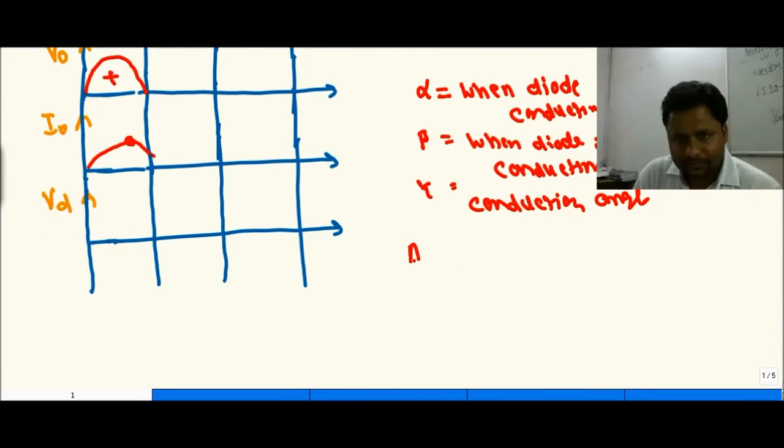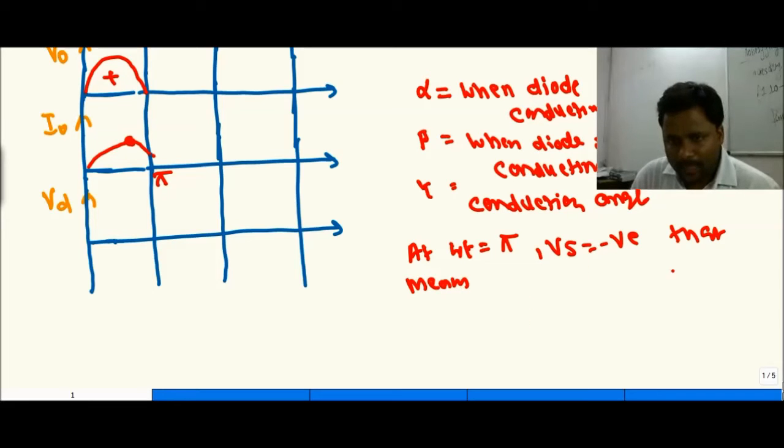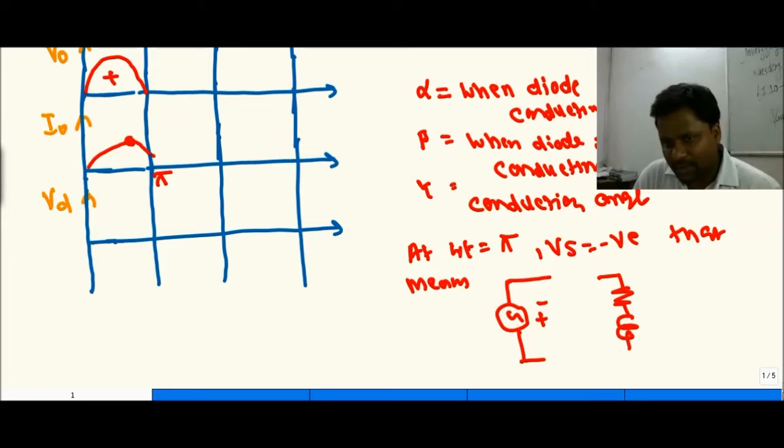At omega t equals pi, the Vs becomes negative. This is the source, this is the load, and the inductor starts releasing energy.